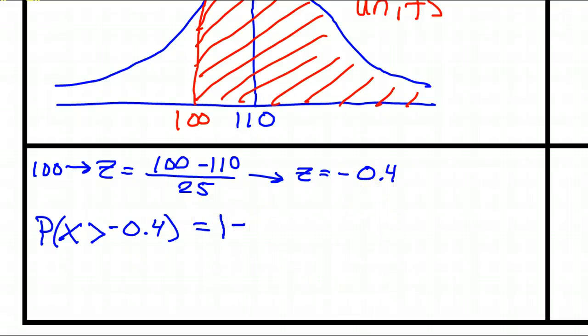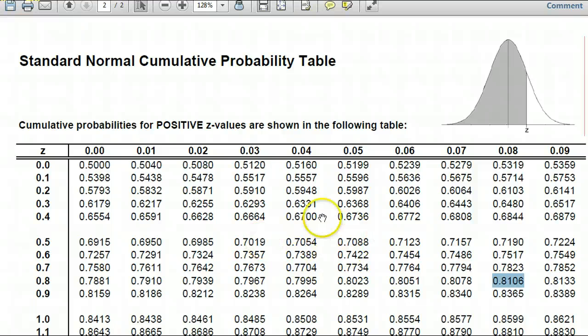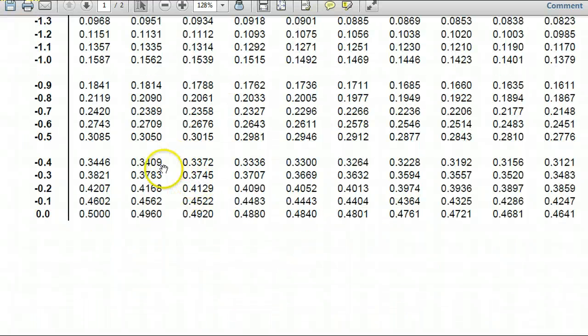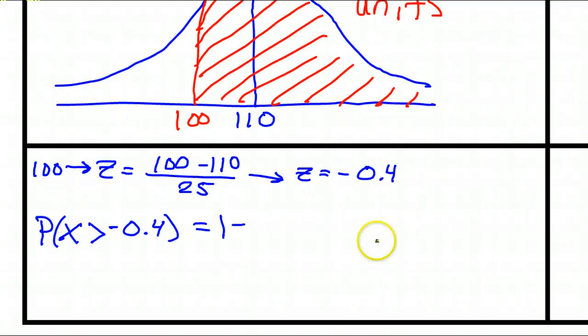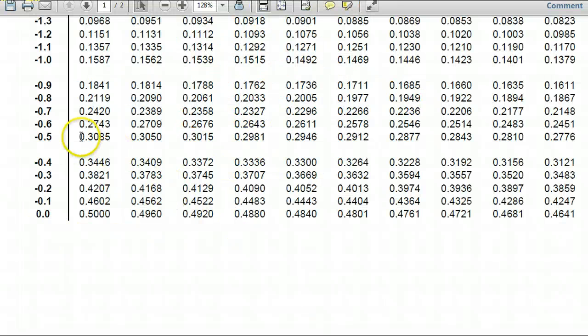Negative 0.4, so make sure you are on the negative side. I didn't have any extra decimals, it's just 0.4, so I just use the 0 column. Not 0.1, not 0.2, just 0.4, period. So this is the value I need, 0.3446.